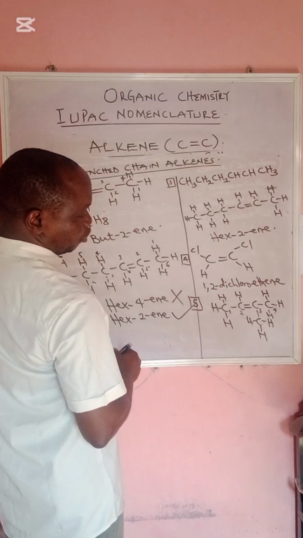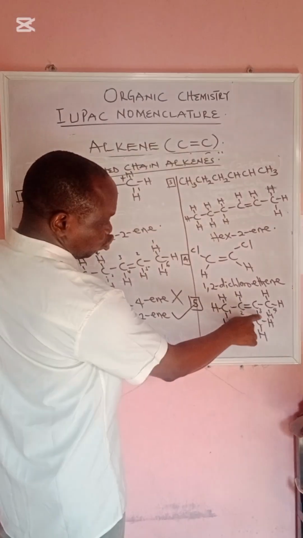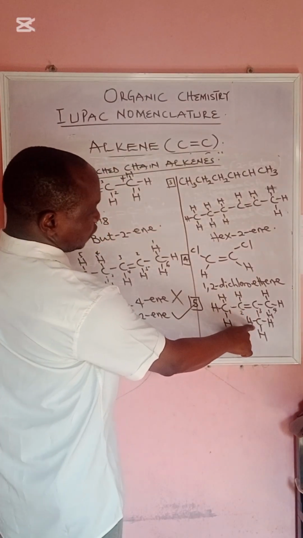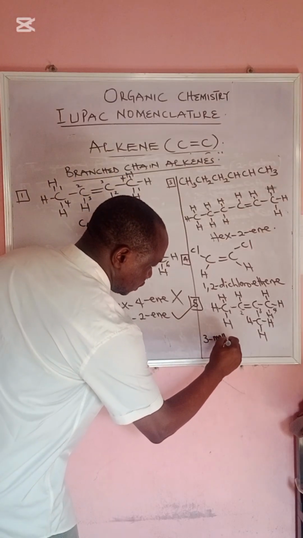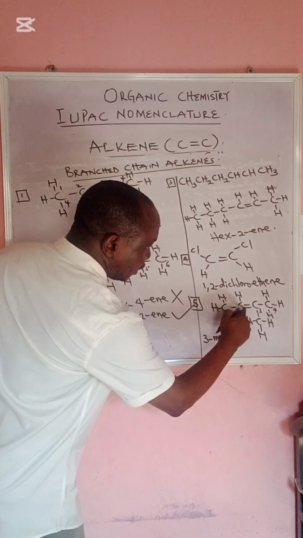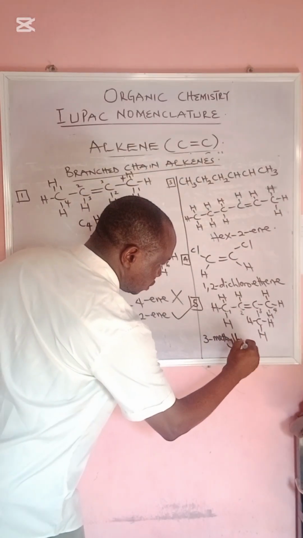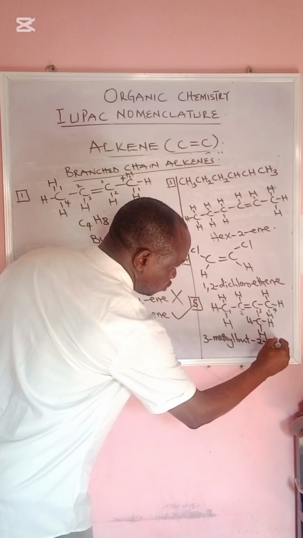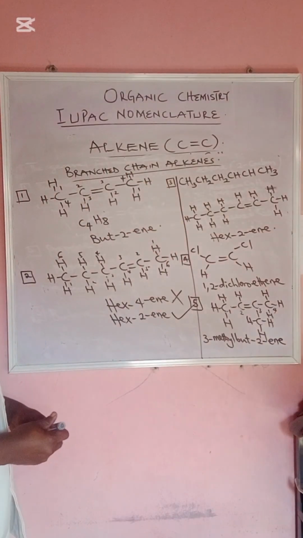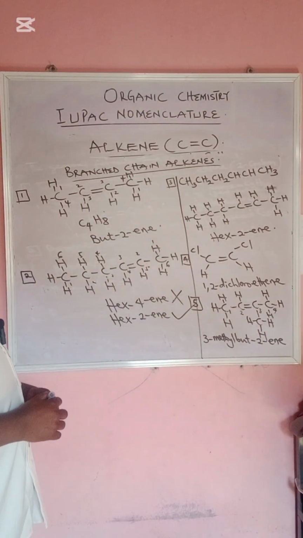So 3-methyl attached to carbon 3, then but-2-ene: 3-methylbut-2-ene.